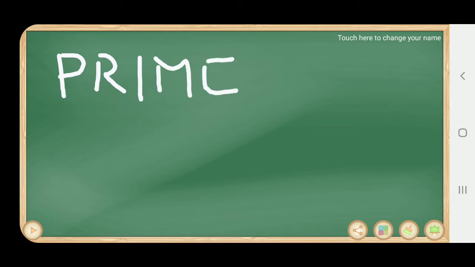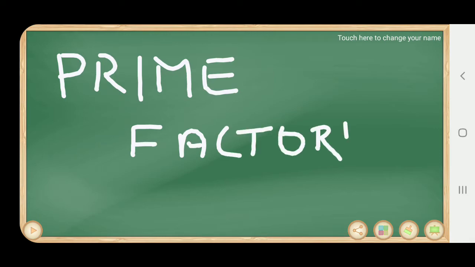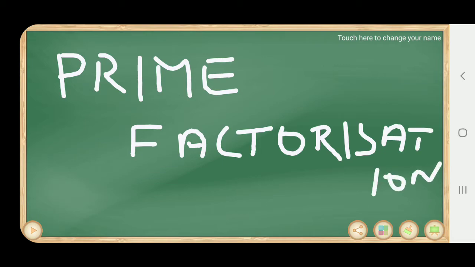Prime factorization. So, to find the HCF, we have to find the prime factors, using the method that is called prime factorization.